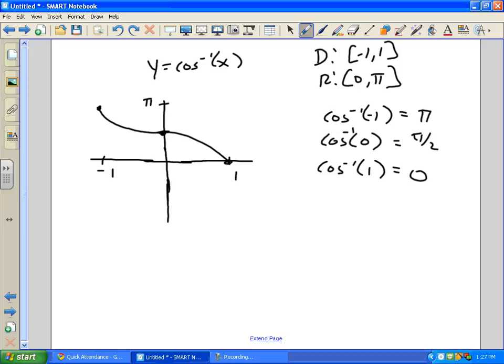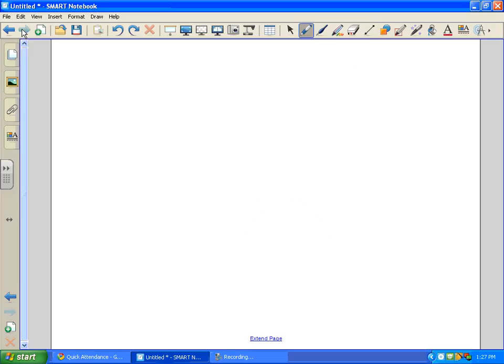I'm not going to really ask you to graph the inverse, but you need to know the domains and the ranges. So if you look at your unit circle again, we are looking from 0 to pi. So you're looking at the top half of the circle. Our answers must lie in quadrant 1 or in quadrant 2. So these are actually a lot easier. If I say the inverse cosine of a half, what angles have cosine values of a half?